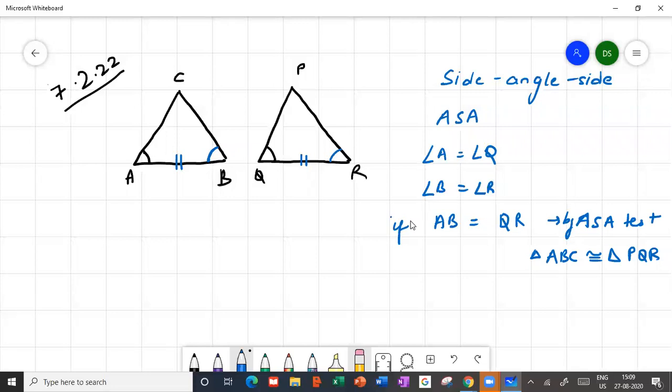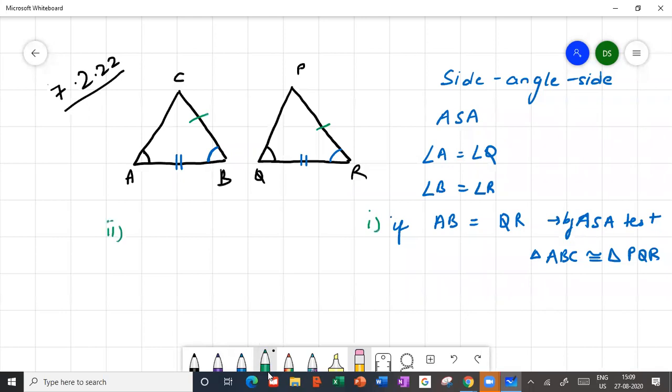Okay, what else? Anything else can we include? If not these two sides, then what about this? We can also say this, right? So this is one case.